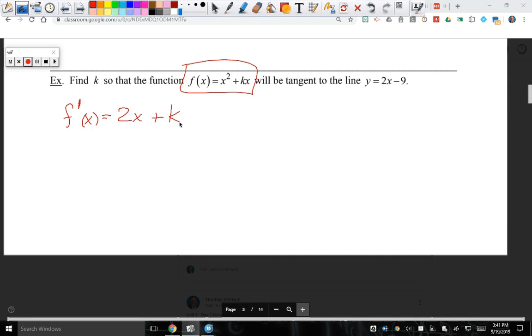Okay? And whatever this derivative is equal to, we're going to set it equal to 2. You with me? Because this is the tangent line where it will have a slope on that entire line of 2.